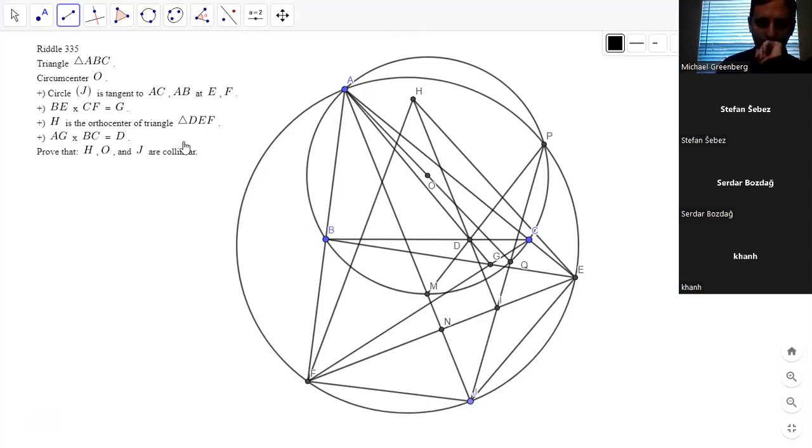That's the orthocenter. Maybe I could use something with anti-Steiner points because we have a lot of lines through the orthocenter here.